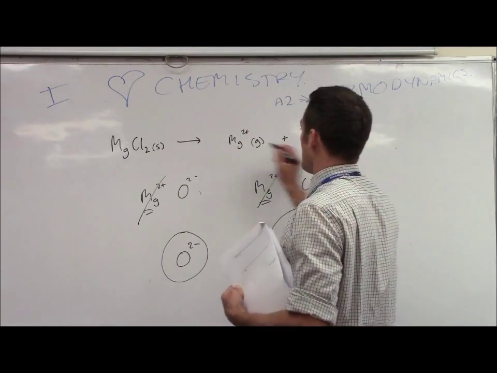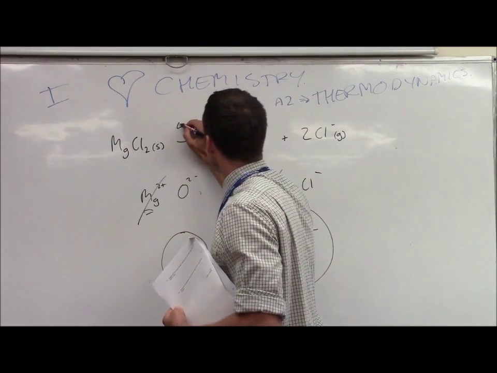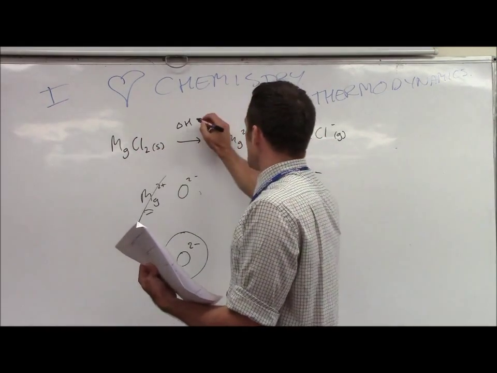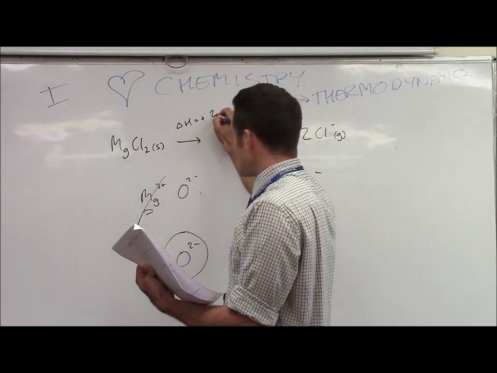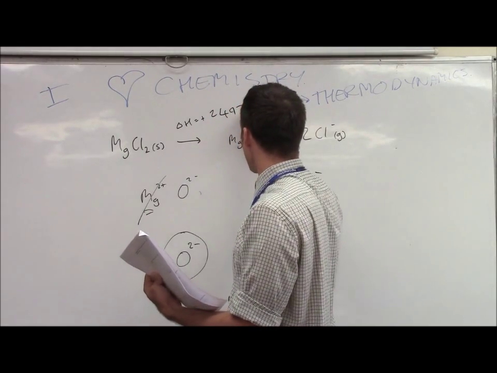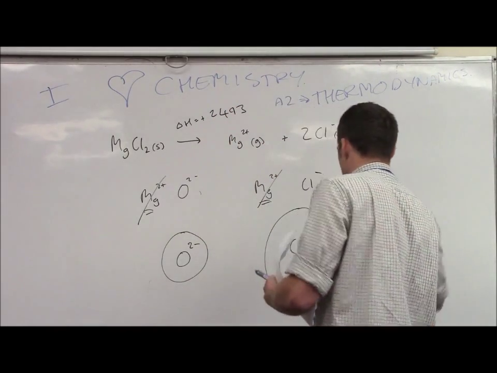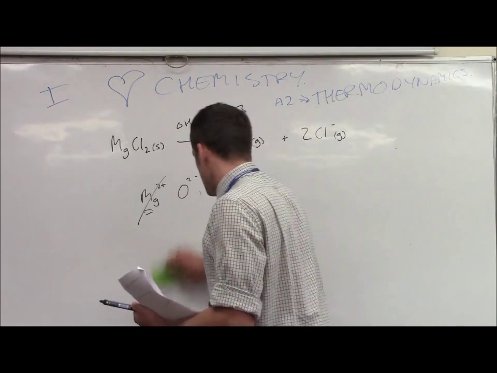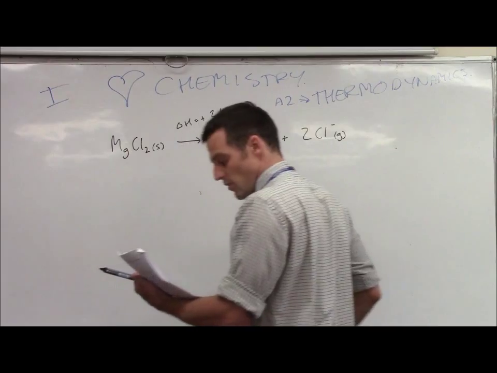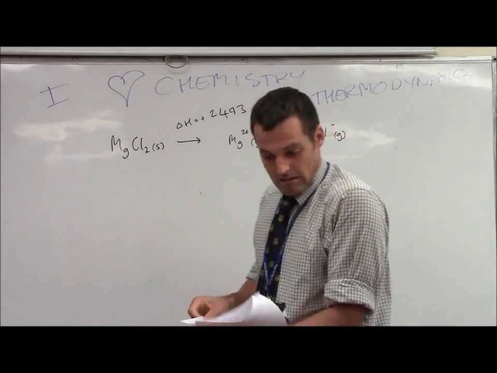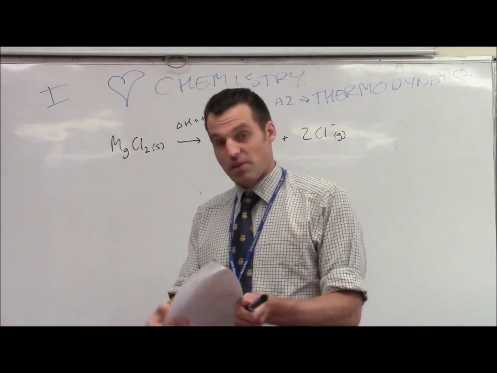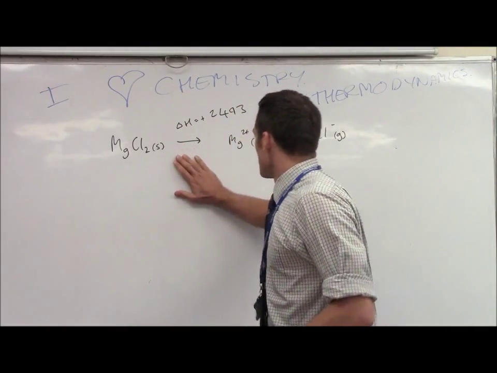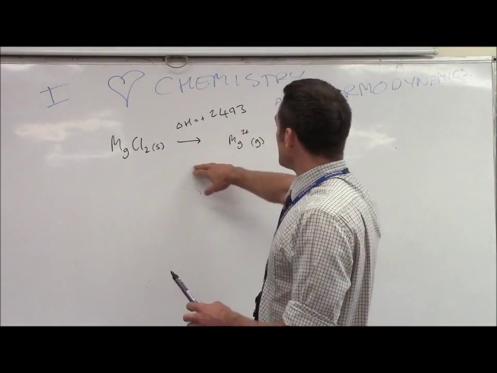Okay, so this delta H for dissociating this lattice is plus 2493. And let's make up our little cycle and see if we've got enough information to work out what we want to know, which is the enthalpy of hydration of magnesium ions. So that's one piece of data we have.